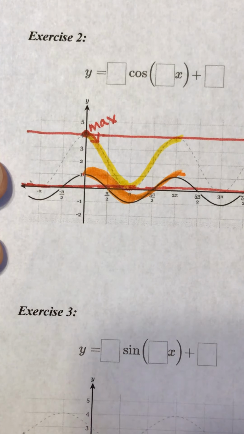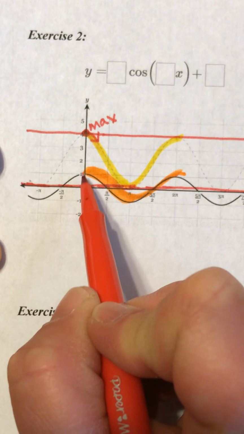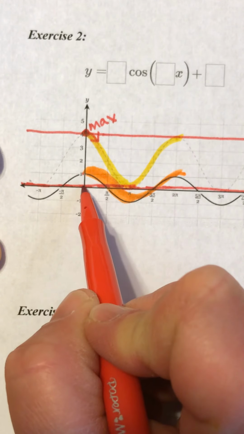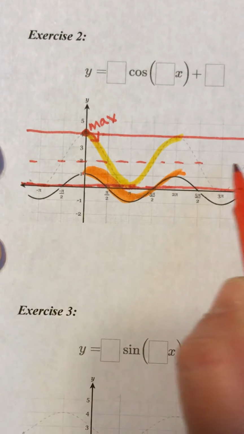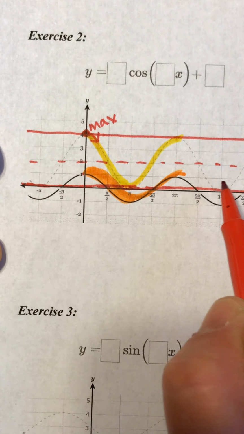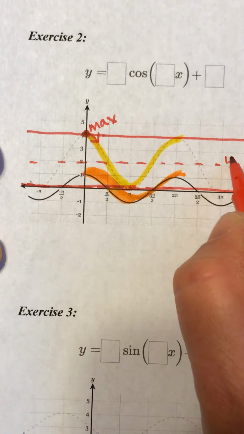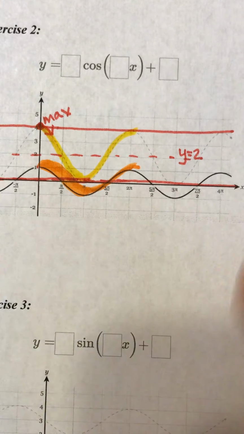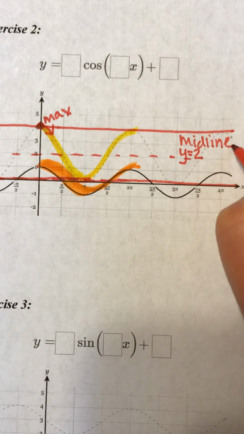Now, I need the midline. Counting from the bottom to the top, 1, 2, 3, 4. Half of 4 is 2, so going up 1, 2, my midline is here. The y value of the midline is 2, so the equation of my midline is y equals 2.